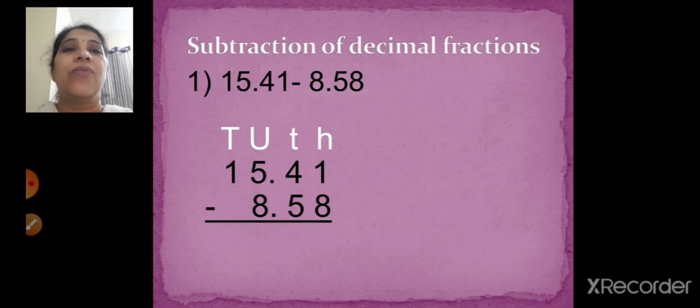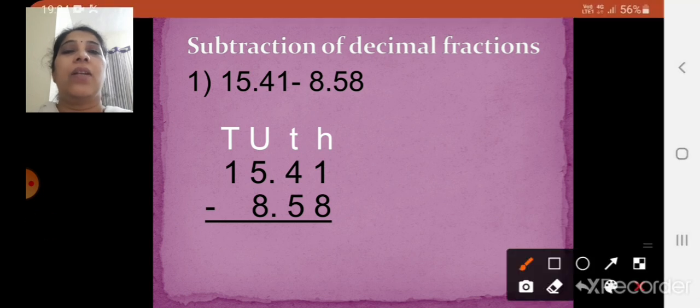First example is 15.41 minus 8.58. Now children, 15.41 is the first number, right? So remember children, I had told you about the place names for the decimal fractions, right? So after the decimal point, which numbers are there? 4 and 1, right? So 4 is in which place? It is in the tenths place.